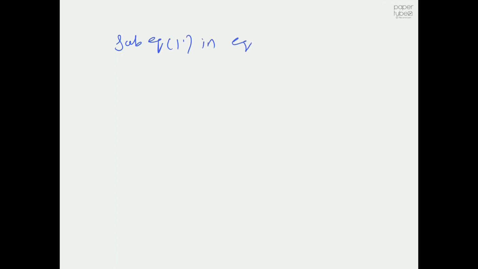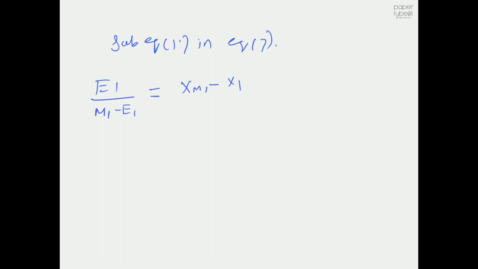In equation 7, E1 by M1 minus E1 will be equal to XM1 minus X1 divided by Y1 minus XM1.